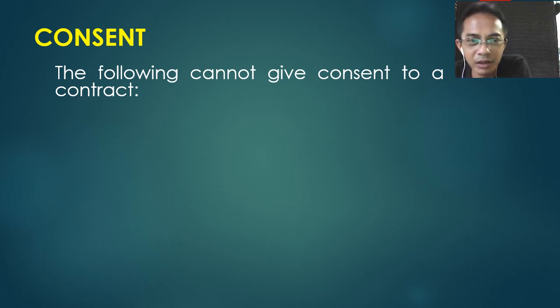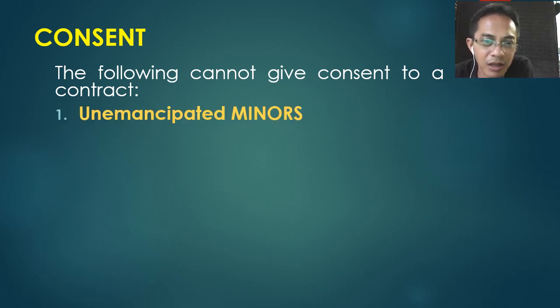This is important. The following cannot give consent to a contract. Unemancipated minors. Actually, minors in class are 17 years old and below. Why? Because 18 years old is the age of majority in the Philippines. Okay. Unemancipated minors, 17 years old and below.